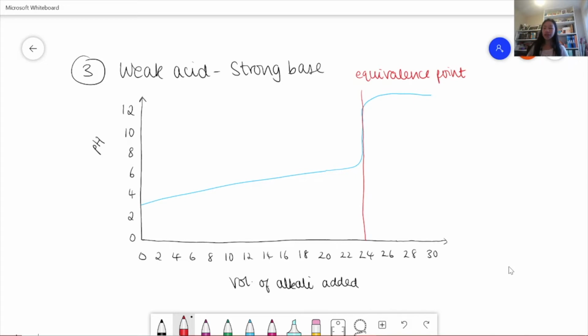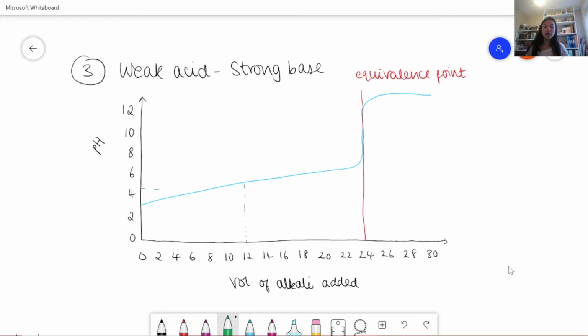What we can do with this curve is that we can find out where half neutralization occurs. So half neutralization is when half of the acid has been neutralized. And so because the equivalence point is at 24 centimeters cubed of alkali added, that means that the half neutralization point occurs when the volume of alkali added is half of 24. So it would be at this point here at 12.